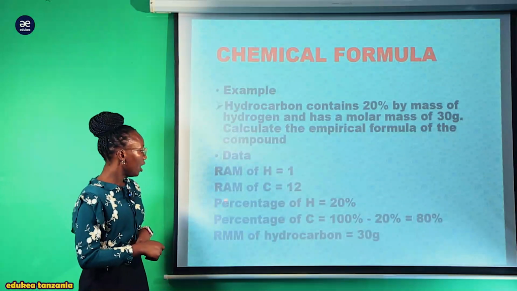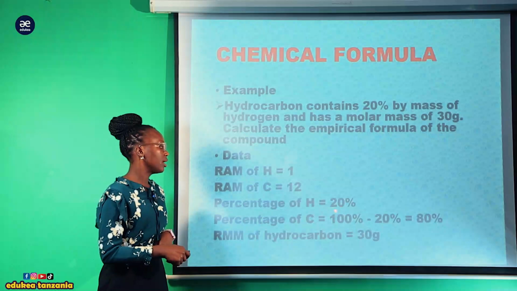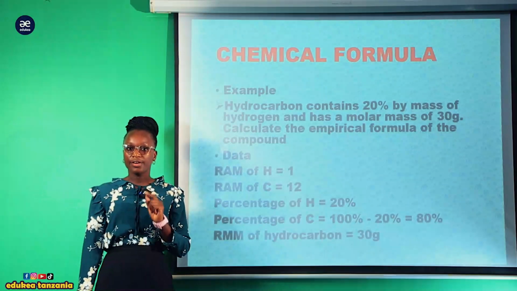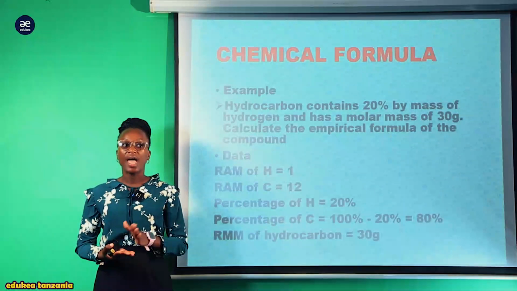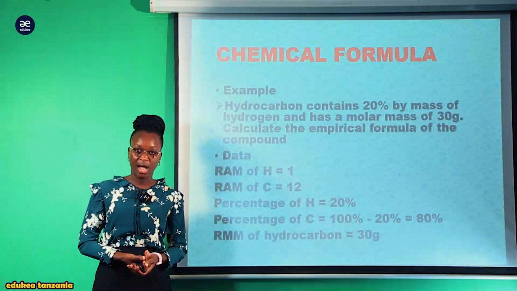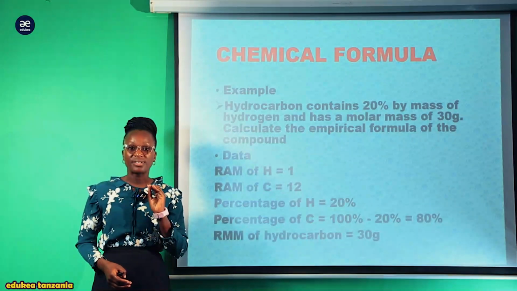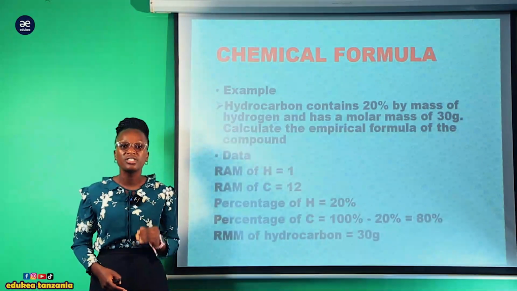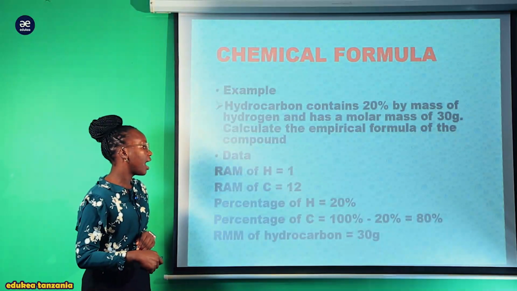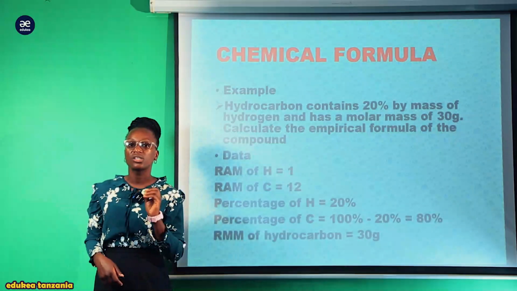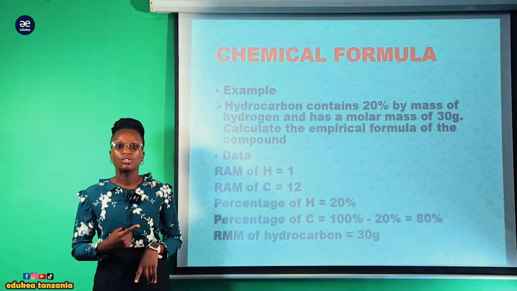So percentage of hydrogen is 20, but hydrocarbon tumesema it is a compound which is made up of hydrogen and carbon. Now ili kupata percentage by mass or percentage composition ya carbon, kwa sababu ya hydrogen tunayo ni 20, ili kupata ya carbon tunachukua 100 minus 20.